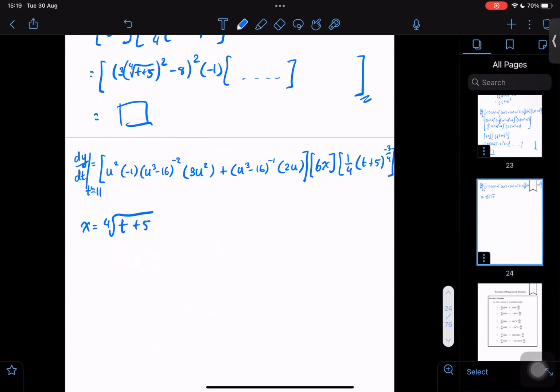So when t is equal to 11, x equals the fourth root of 11 plus 5, which is the fourth root of 16.